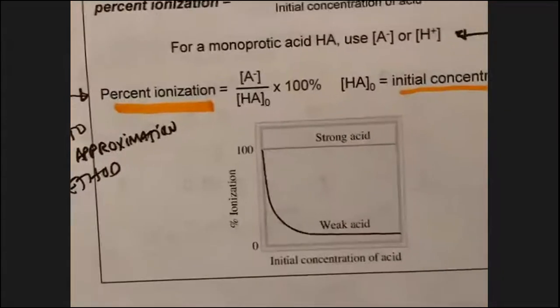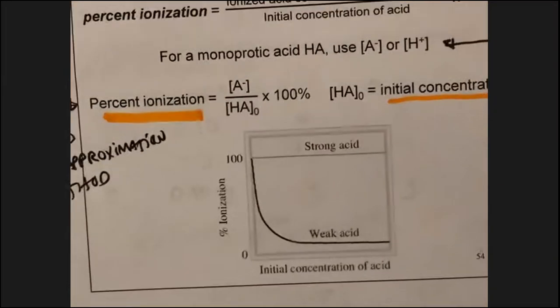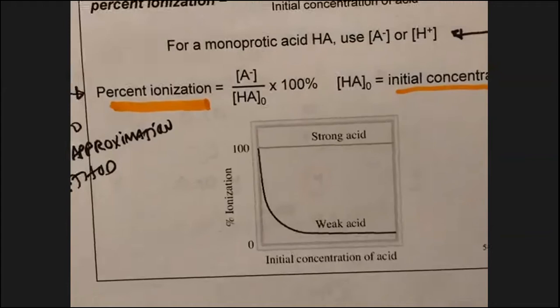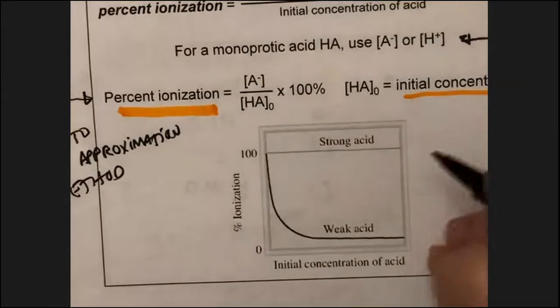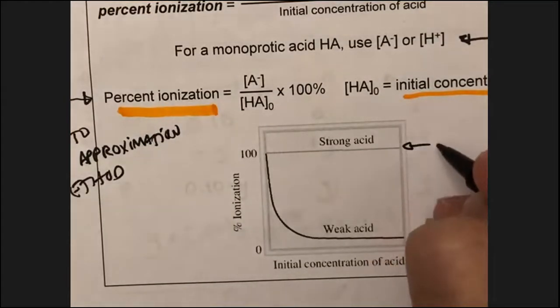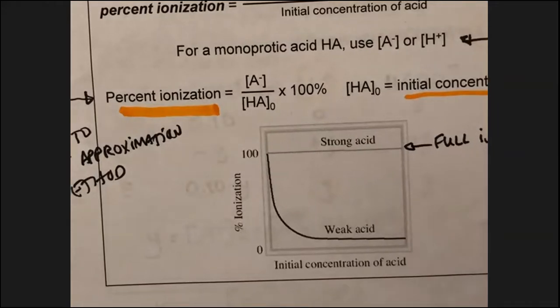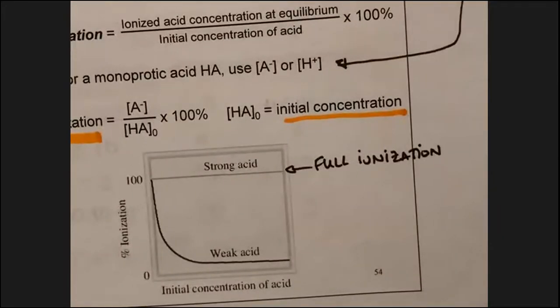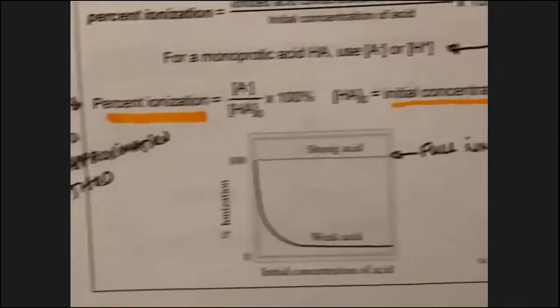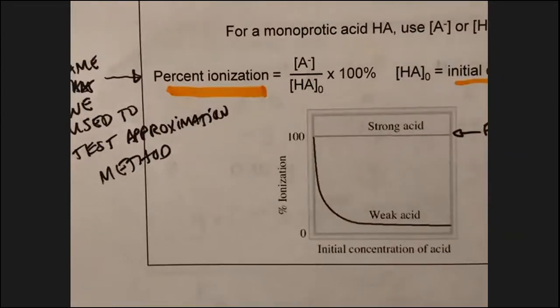Remember, with a strong acid, it doesn't matter what the initial concentration is, because it's going to essentially have full ionization. In other words, the concentration of the ionized form is the same as whatever the initial concentration of the acid was. But look at the chart for a weak acid.